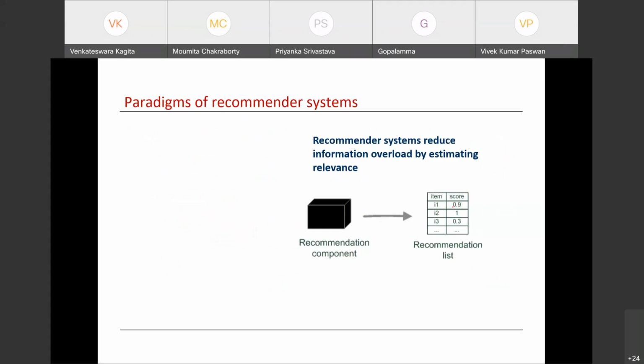This score is some numerical score, the higher the more relevant, right? That is how it estimates the relevance score. And this relevance score can be a rating prediction or it can be some score which is useful for ranking the items. So both are possible: either a rating prediction system or a ranking system.